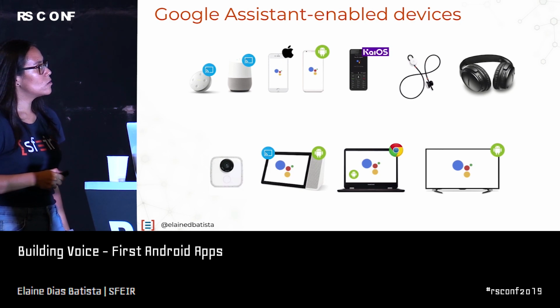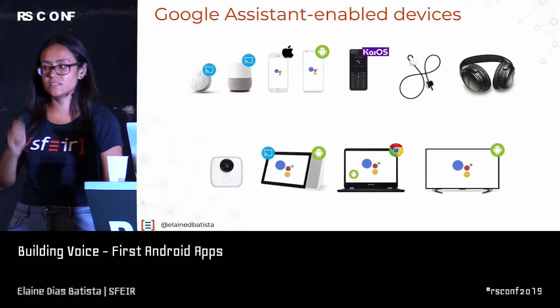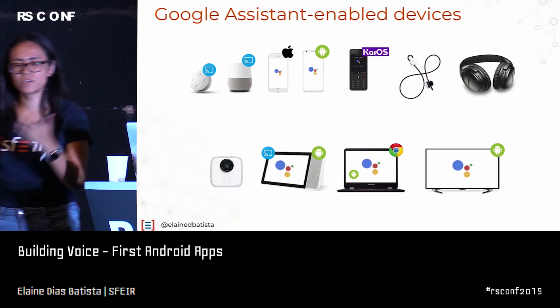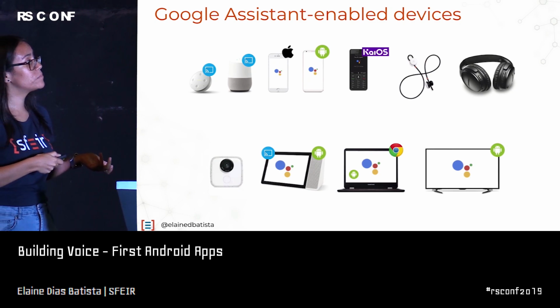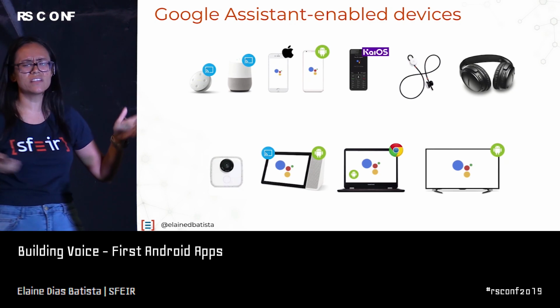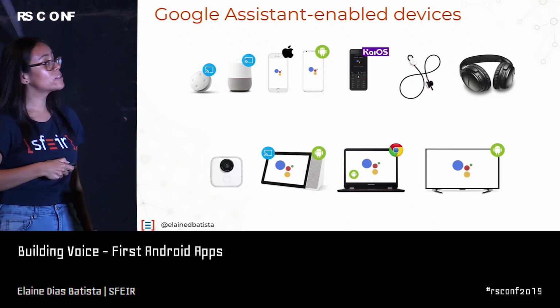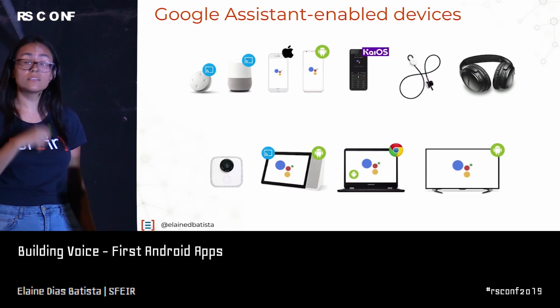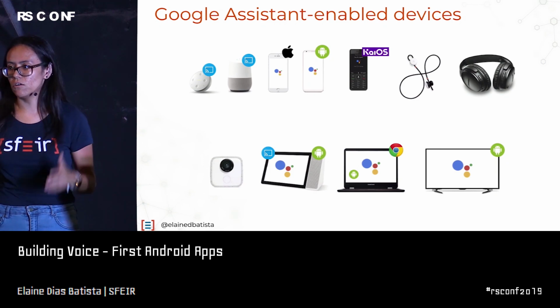There's this operating system here called KaiOS, which is pretty big in India. Sometimes we forget about them because it's a developing country, but they have millions, even billions, I don't know, of devices like this. They're feature phones, not smartphones, but they have the Google Assistant integrated natively on the phone.